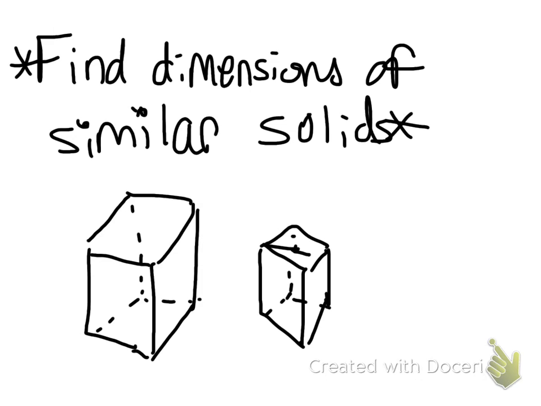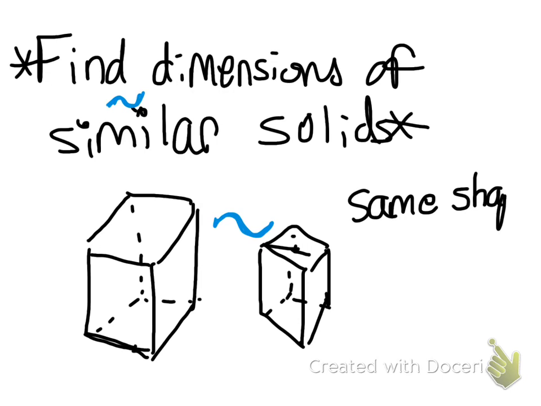But they are what we use the symbol for similar. Okay, that's what similar is. So these two figures could be similar if they're the same shape, but not the same size. They must be proportional, though.